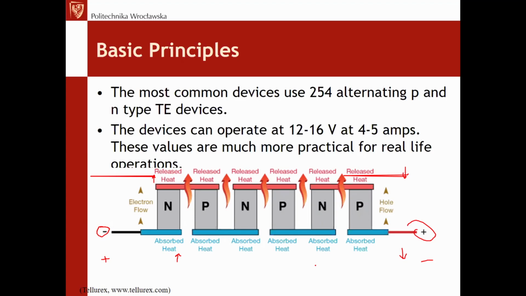We can modify the operation, so we can modify the stream, the width of this heat flow, so we can modify how much heat is being transferred just by changing the voltage and of course the current, so the power delivered to the Peltier component.